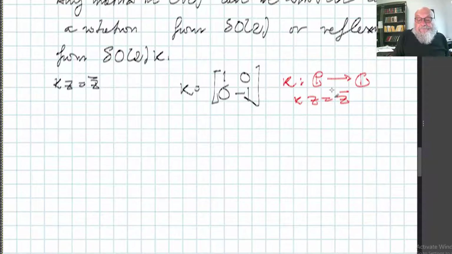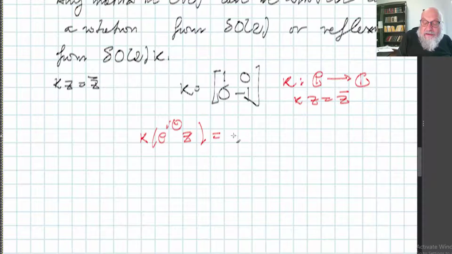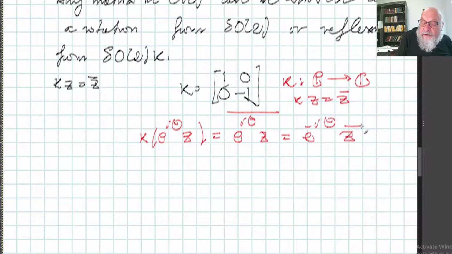If you look at the operator of the rotation, then you can immediately notice that if you take kappa and multiply it first by the complex numbers like that, this will be e^{iθ} z, and you take the conjugation of it, and you will get e^{-iθ} z bar, and the other one is nothing else than e^{-iθ} times kappa of z.